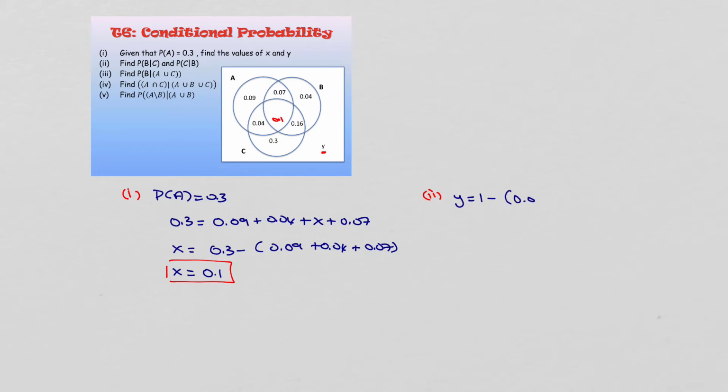So that's 0.09, 0.07, plus 0.04, plus 0.1, plus 0.04, plus 0.16, plus 0.3. And therefore that gives me the value for y to be 0.2.